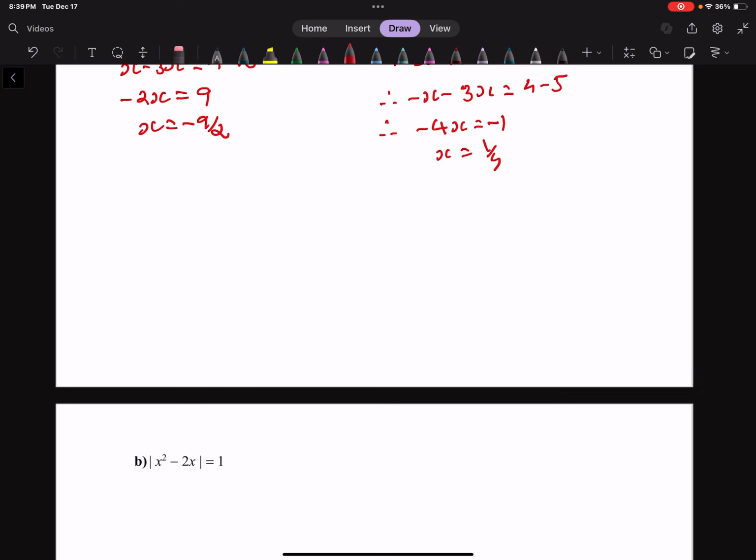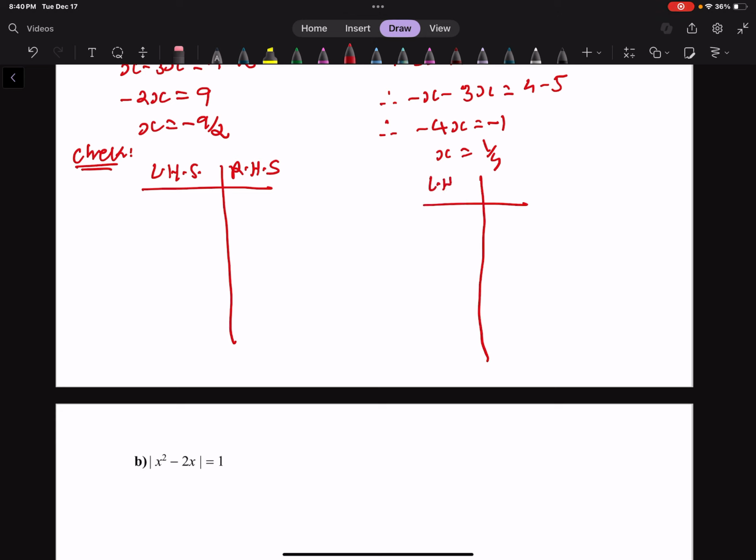Then we have to verify the answer. We have to check to make sure whether it is an extraneous solution or not. For the verification part, we plug the value into the left side and the right side of the equation. The left side is the absolute value of x minus 5, and the right side is 3x plus 4. Negative 9 by 2 minus 5, multiply top and bottom by 2, so negative 19 over 2.